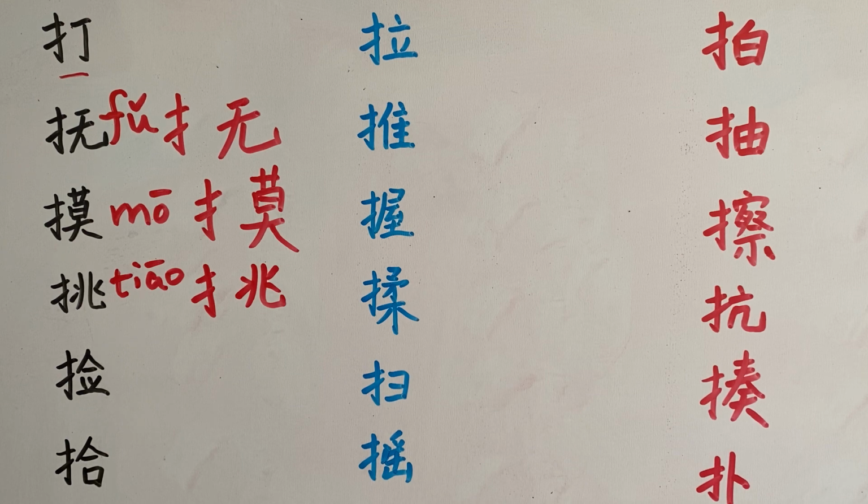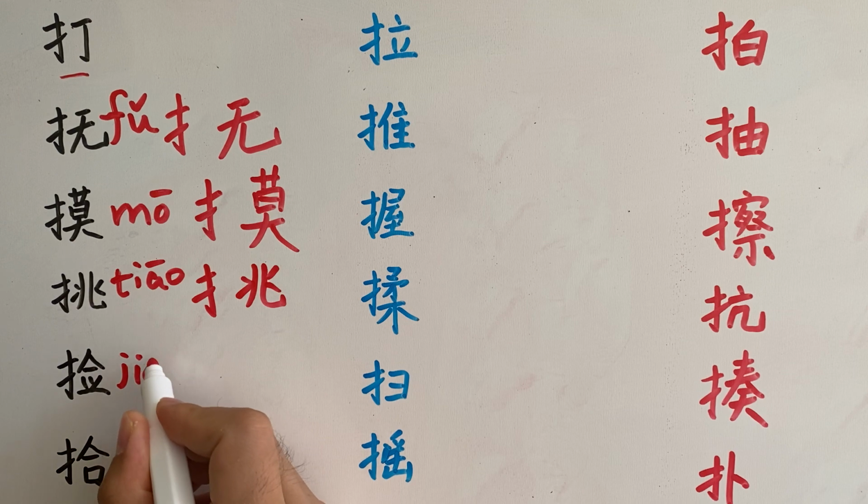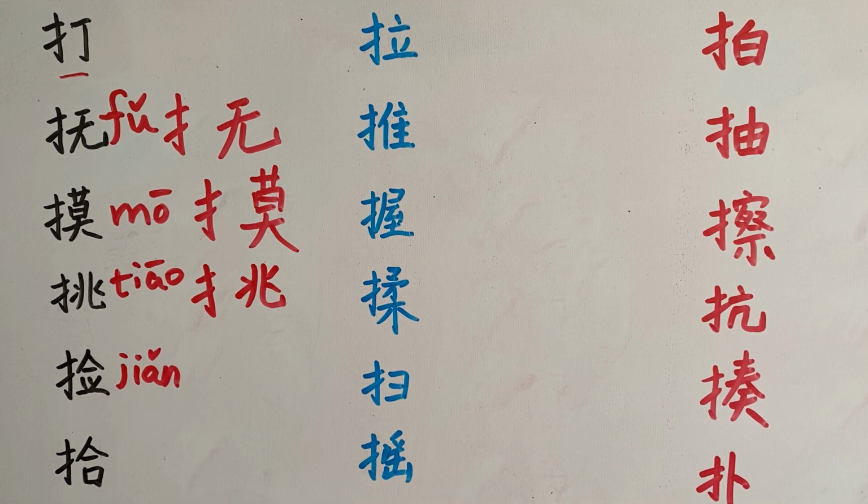And next one, 捡. Chinese pinyin jiǎn. It means to pick up from the floor or from the table or the ground. 捡起来, pick up. You can also use these two characters to form a verb phrase, 挑拣. 挑拣 means to choose, to pick up.